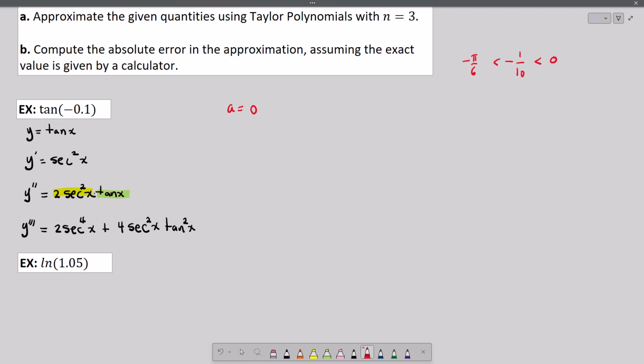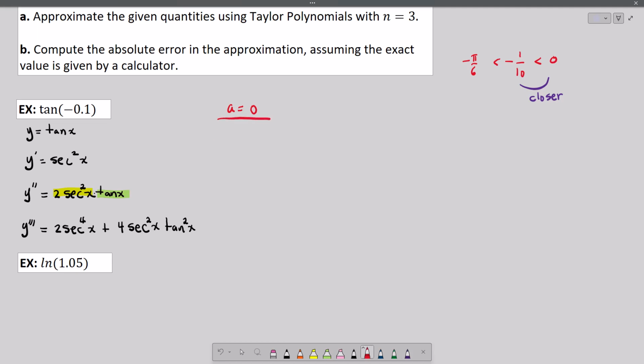Everyone following that? So we're going to choose 0 because this is closer. Whichever one is closer, for which you can evaluate all of these exactly and easily, we'll choose that one. So we're going to choose our center to be 0.